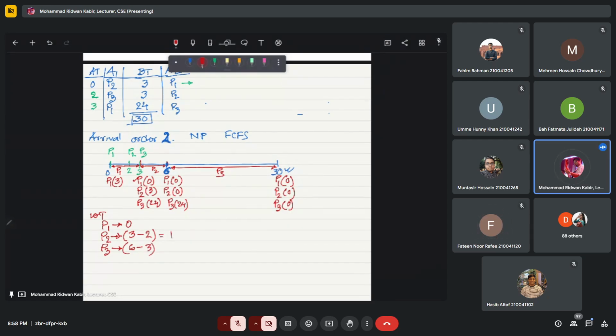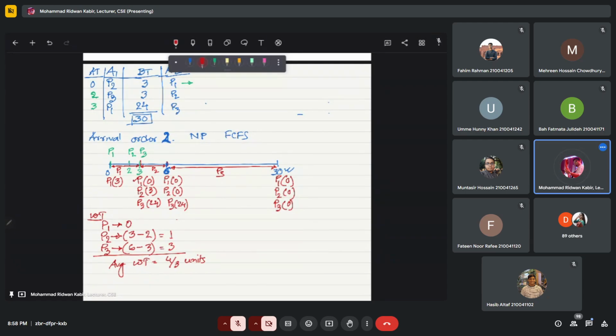So you have 0, 1 and 3. If you find the average of these three values, which is 4 by 3, this will be your average waiting time. To be safe, just write 4 by 3 units rather than mentioning milliseconds or nanoseconds. This is the average waiting time you have calculated for this algorithm, given that your processes arrive in this order.